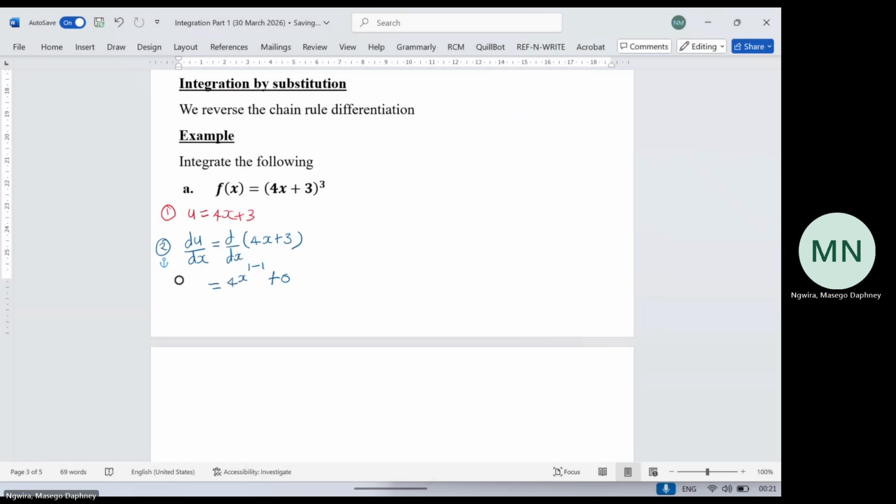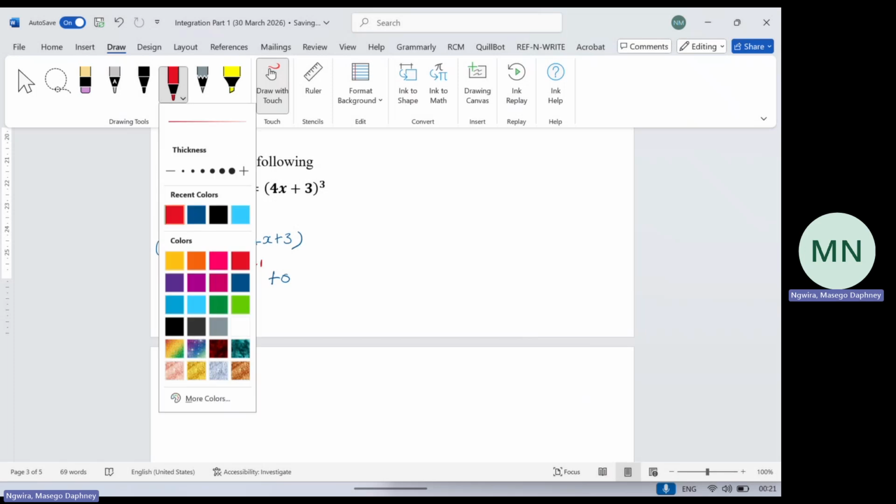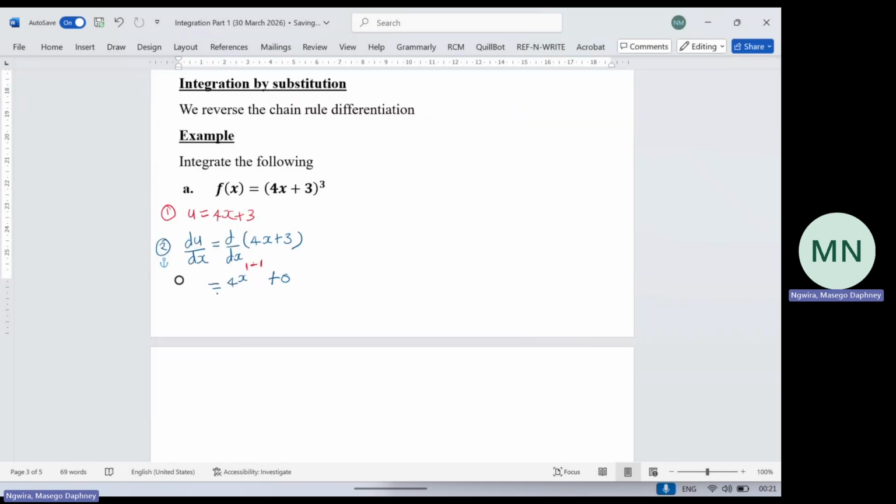I want to erase this one. So this will be 1 minus 1, if you remember. And then our answer will be 4x to the power of 0, which is equal to 4. Why?